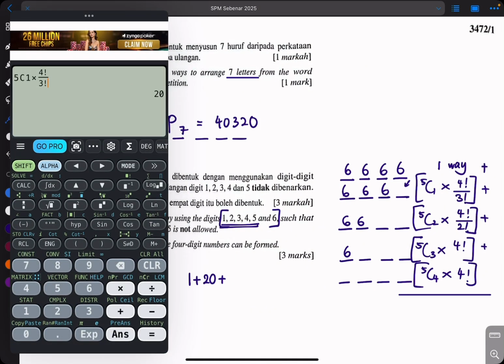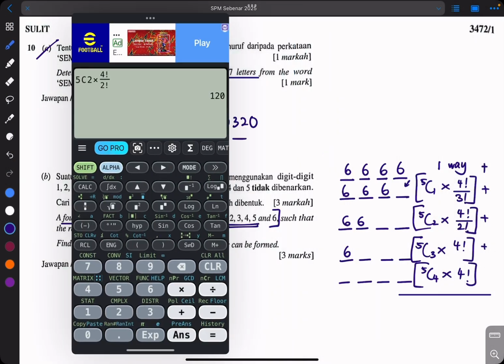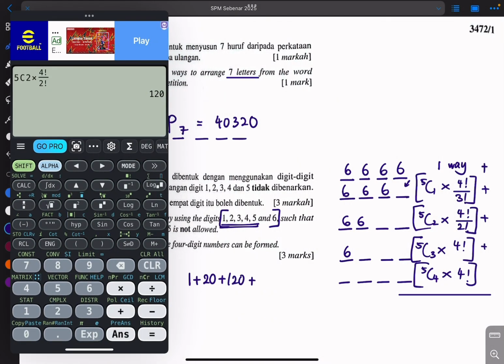1 plus 20. And then the other one would be 5C2 times 4 factorial over 2 factorial. This gives us 120. So it's done. Then we have 5C3 times 4 factorial.